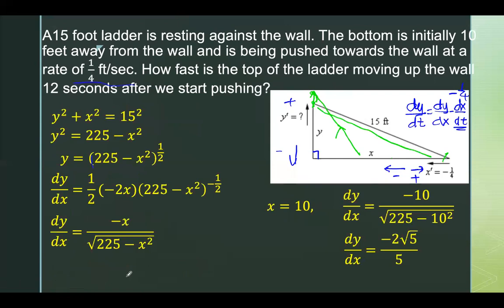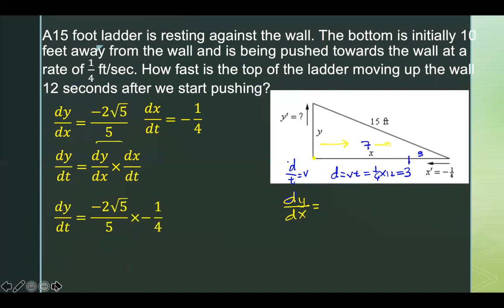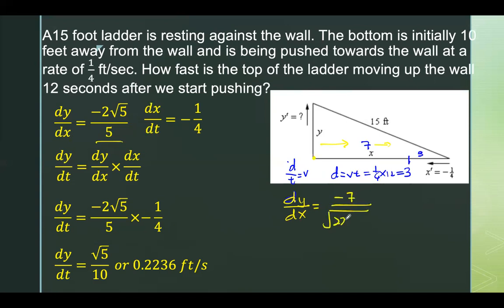What is dy/dx again? I forgot already. dy/dx is negative x over square root of 225 minus x squared. So negative 7 over square root of 225 minus 7 squared, so we have negative 7 over 7 times square root 11 over 44.